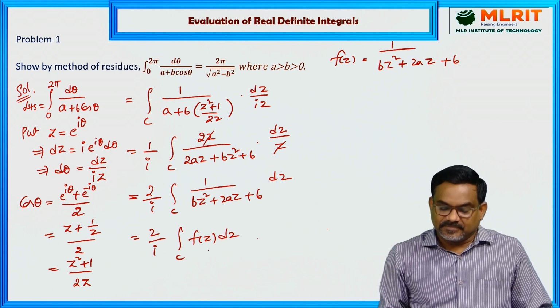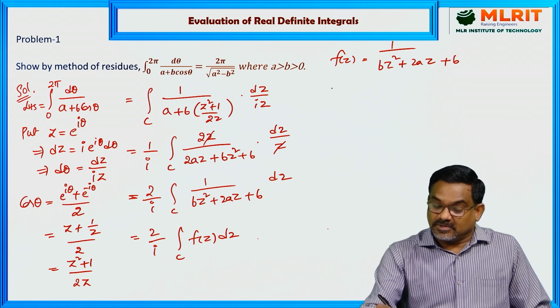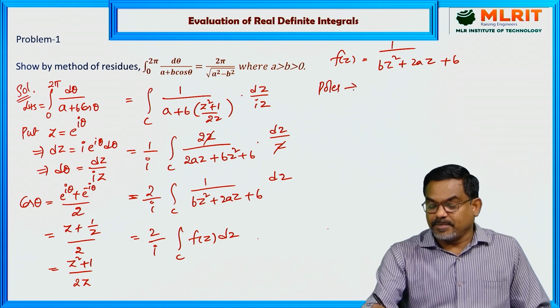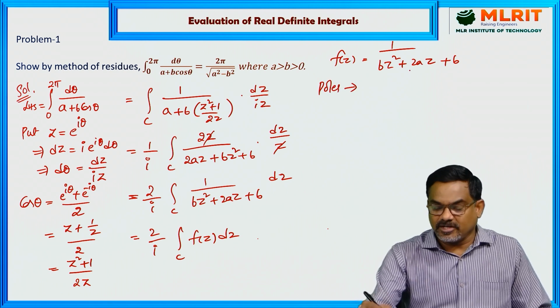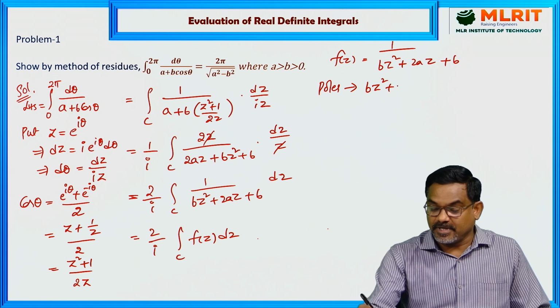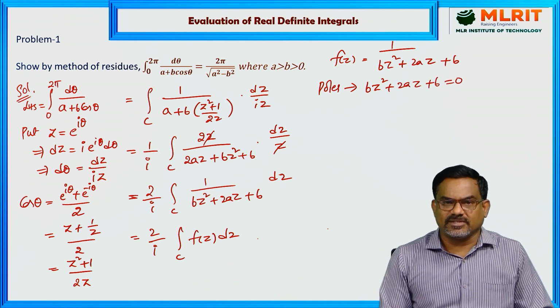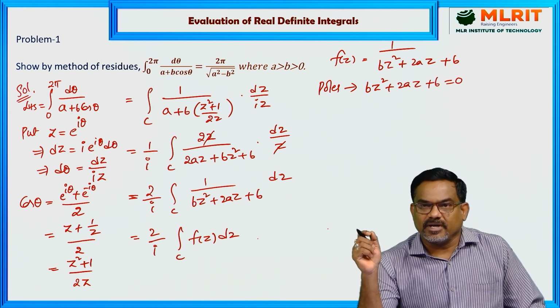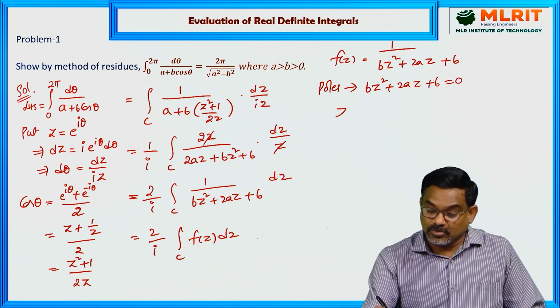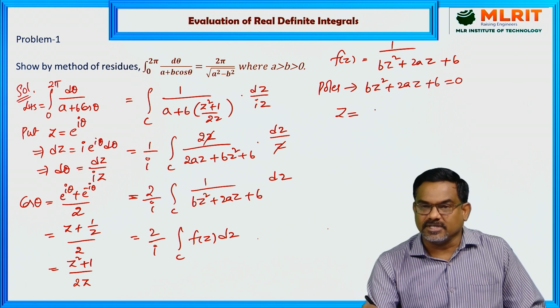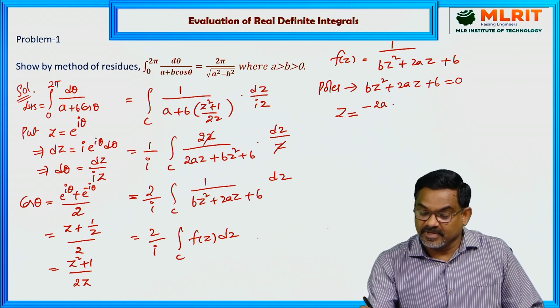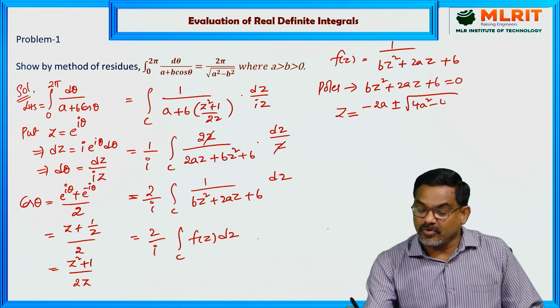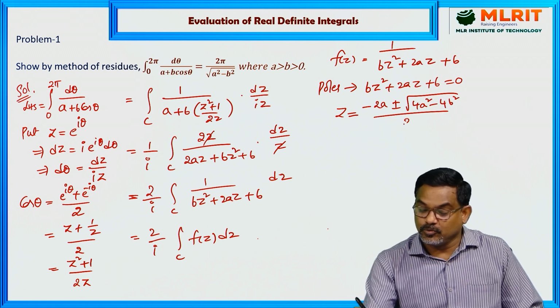And here the poles can be obtained by equating the denominator to 0. So bz square plus 2az plus b is equal to 0, which is in the form of a quadratic polynomial, ax square plus bx plus c equal to 0. So the roots can be calculated using z equal to minus b plus or minus root b square minus 4ac by 2a.